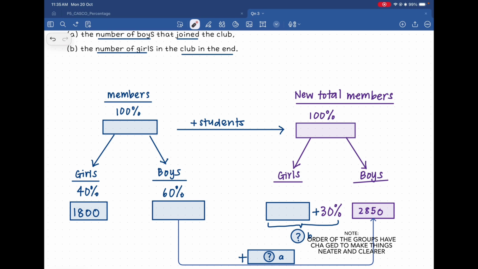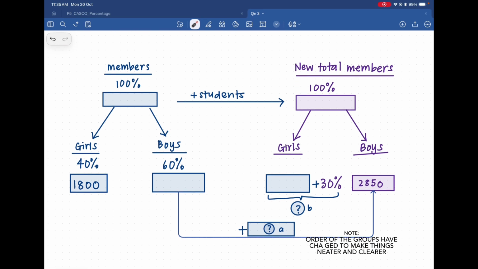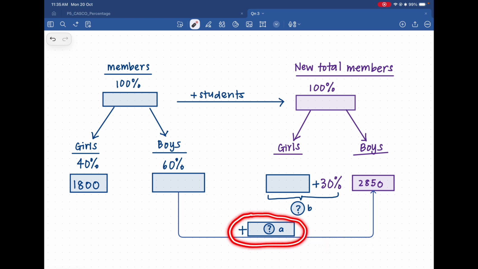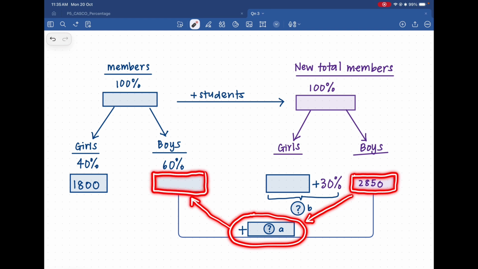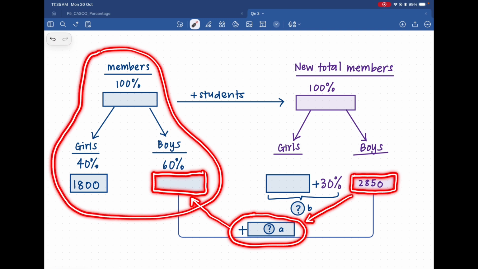Now, let's try to solve the question. So, part A, here we want to find the number of boys that join the club. We know that in the end, we have 2,850 boys. To find out how many boys join the club, I will need the initial number of boys. So we will look at this first flowchart to see if there's any information to help us solve this question.